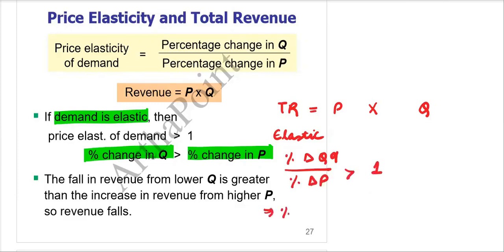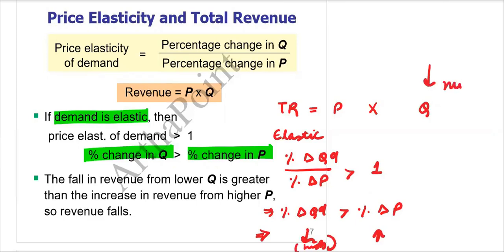This implies that whenever P will increase, Q will decrease by a high amount. So Q will decrease more than the increase in P. So overall, this will decrease.